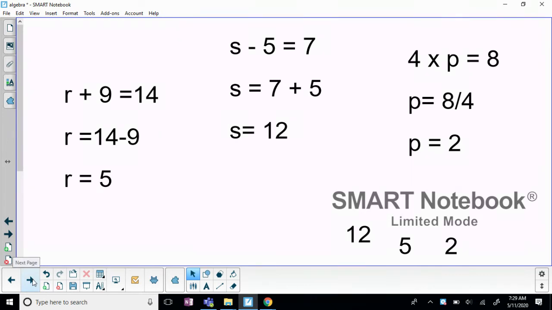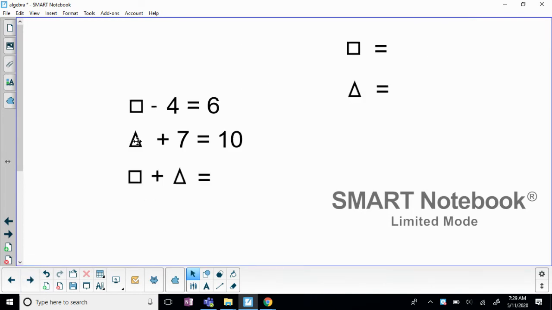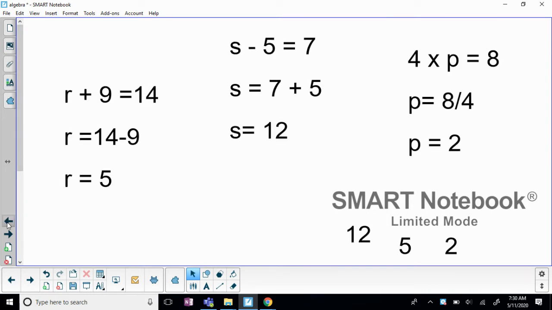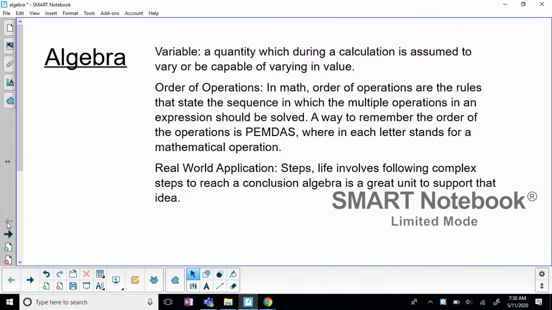Now, some of you have seen, as I've skipped ahead, symbols. Well, symbols can also act as variables, right? It doesn't always have to be letters. So that's kind of a teaser trailer for the next video, if you will. Okay, we're going to take a look at how variables can be used as symbols as well. But again, just to focus on today's lesson.